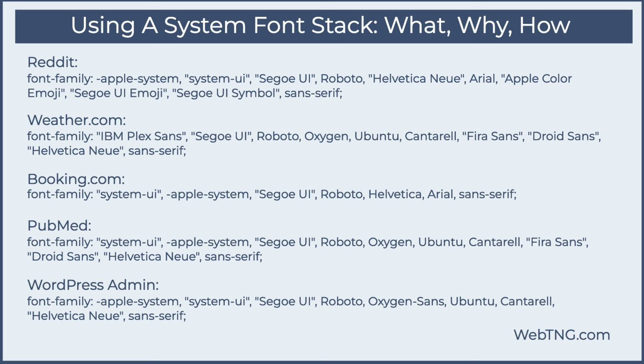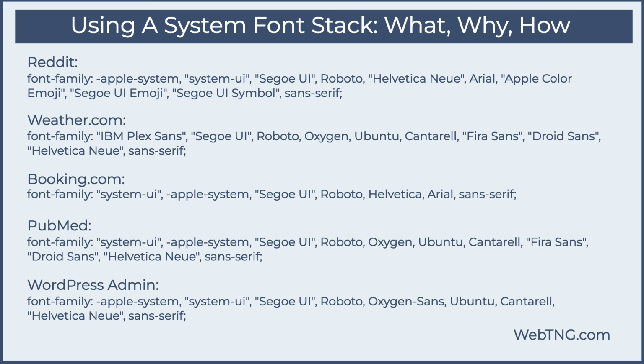Now, another thing to notice is that Reddit and WordPress have Apple system first and System UI second, whereas Booking.com and PubMed have it the other way around. But they all have Segoe UI, they all have Roboto, and they all have Helvetica Neue. And then a lot of them have Arial, and then we have several different options for different Linux systems.